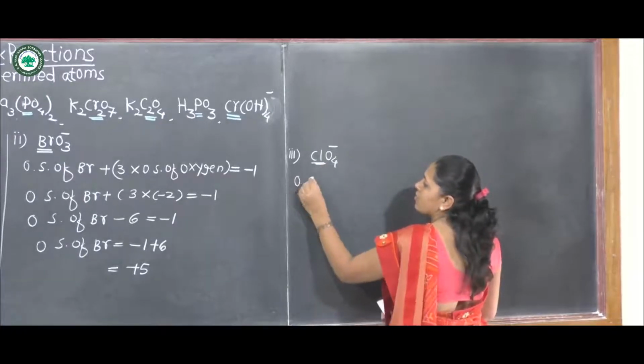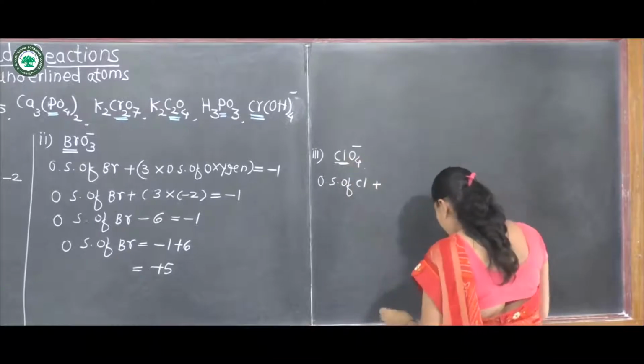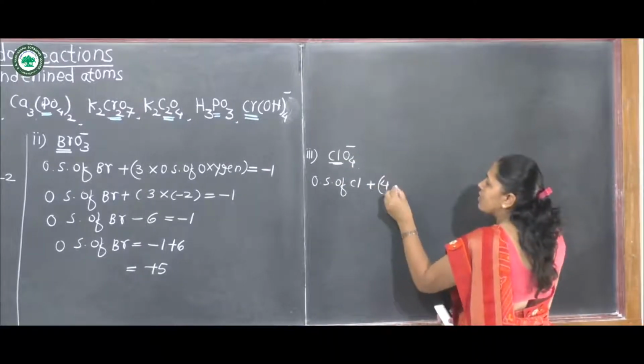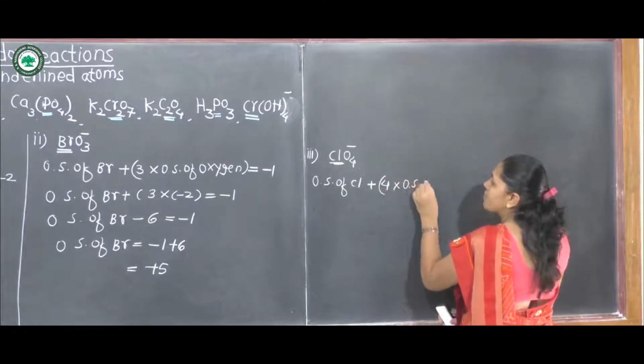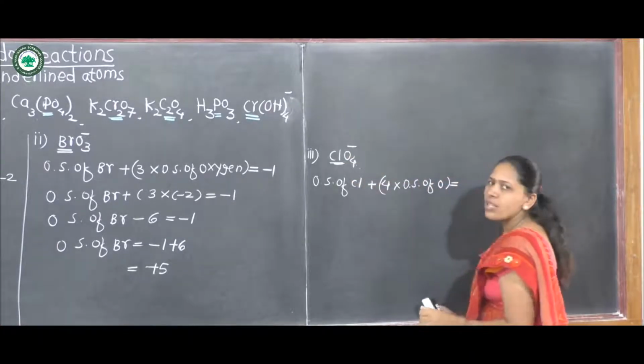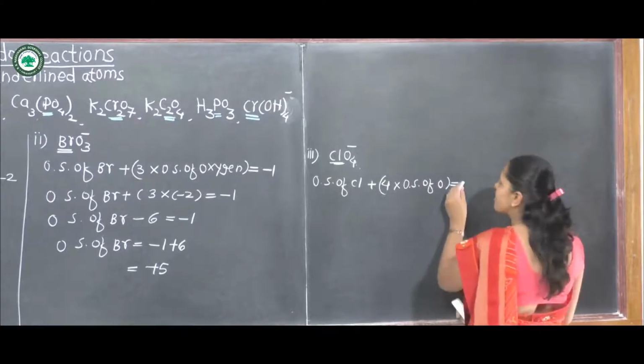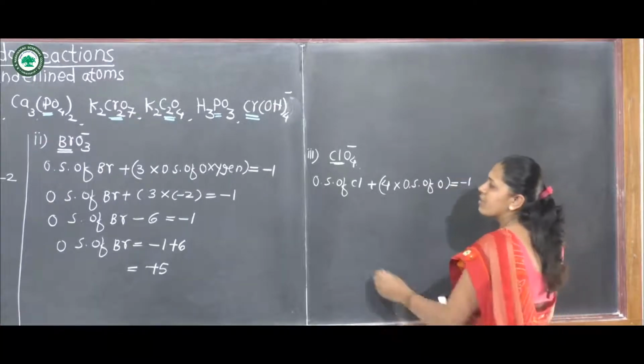Oxidation state of chlorine plus 4 multiplied by the oxidation state of oxygen is equal to the charge, since it is a polyatomic ion and the algebraic sum of oxidation states of all atoms is equal to its charge, that is -1.